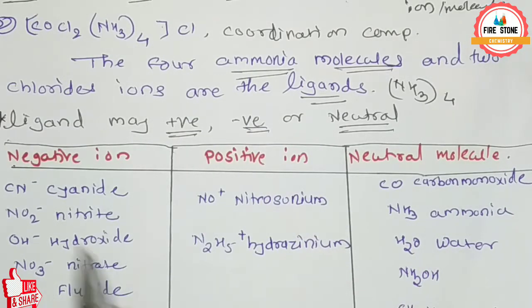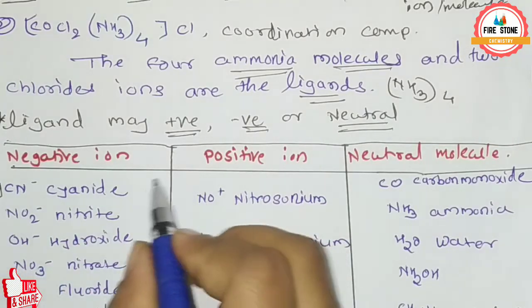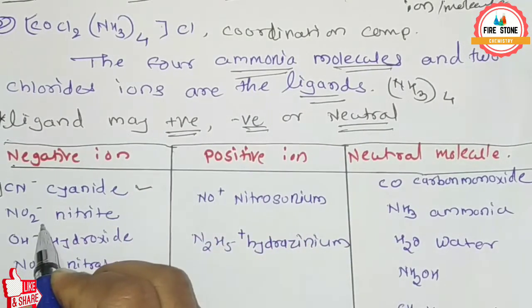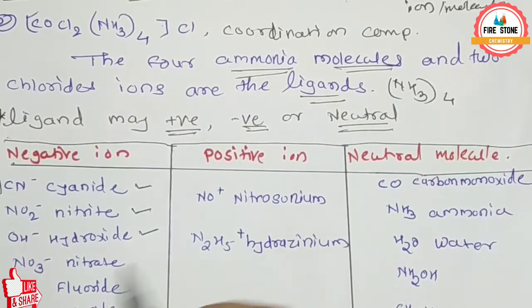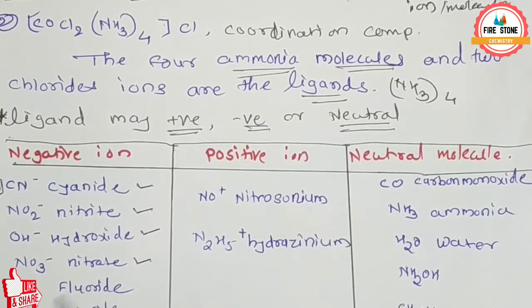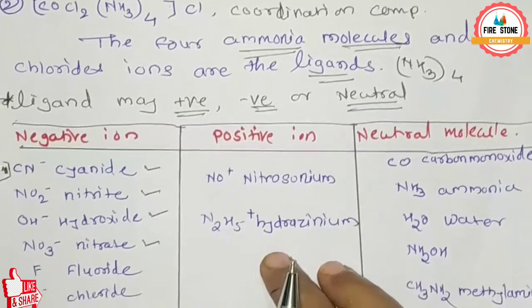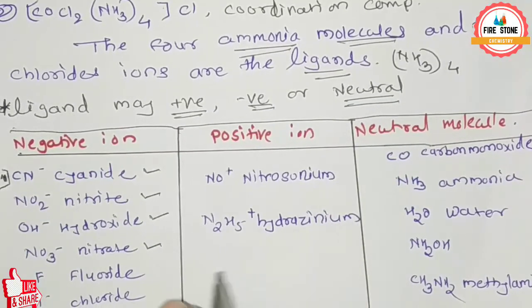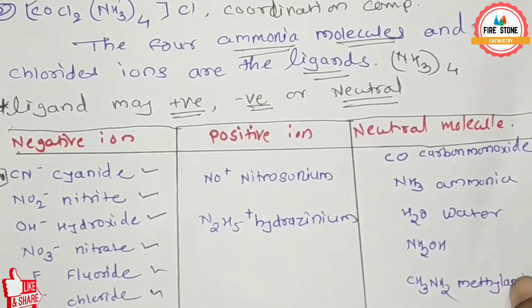Here we see first CN minus, that is cyanide, NO2 minus, that is nitrite, OH minus hydroxide, NO3 minus nitrate, F minus, that is fluoride, Cl minus, that is chloride, and Br minus, that is bromide.